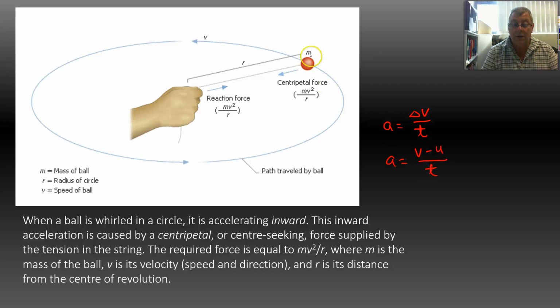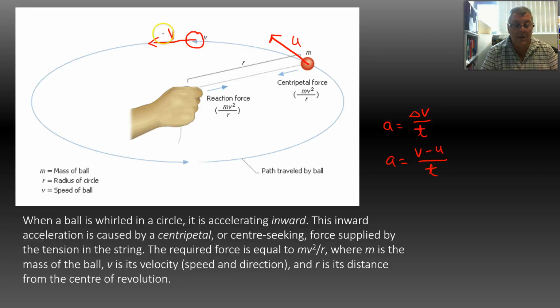To have an acceleration, we must have a change in velocity. If we broke the string, this would be the velocity that the object has instantaneously. Now, if this object went around to here, it would have a velocity with the same magnitude but a different direction, and we would call that v.